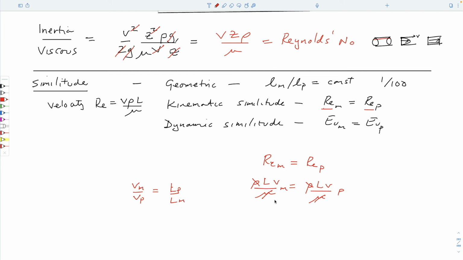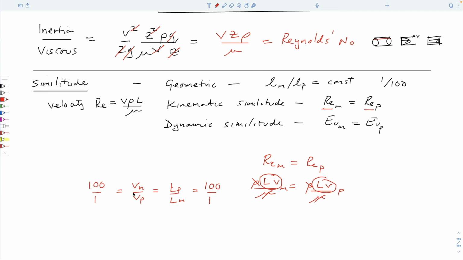So if you're doing it in air, the only things that you have to do is make sure that these two other parameters are congruent for your system between the model and the prototype. And so the length, if you did a 100th scale model, so in other words, if the prototype is 100 meters long and your model is 1 meter long, then these would have to be the values that you choose to be at the same Reynolds number, right?